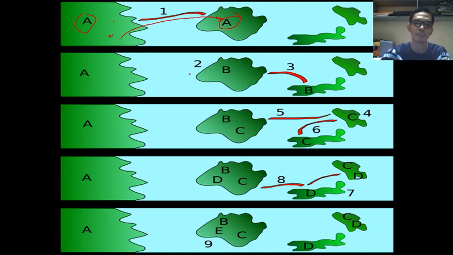The island has a new environment, so the birds here tend to mutate, and when they mutate, they change their structures and so on. They become a new species which is different from bird A. So bird A becomes bird B, which is different from bird A on the mainland.